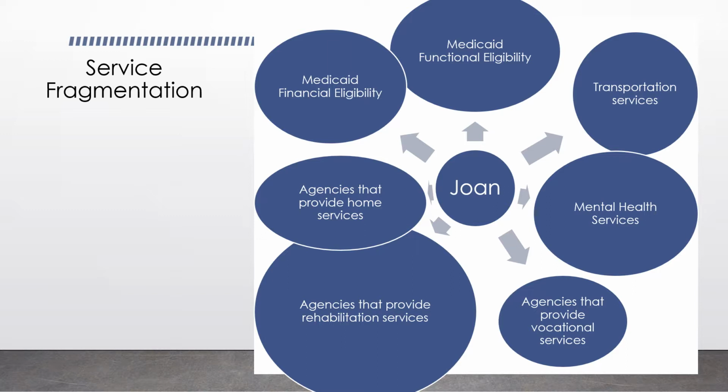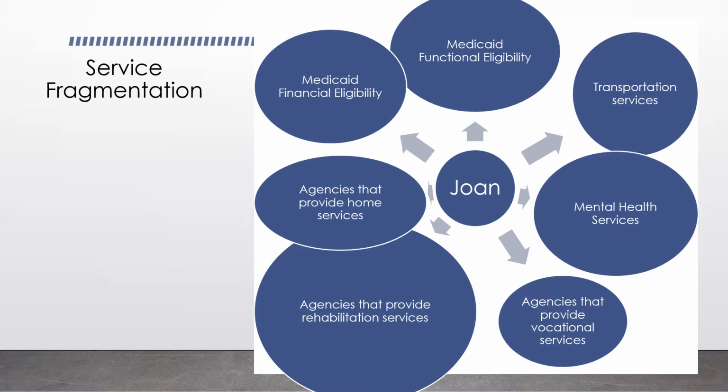And it's so easy with all of these different systems. And this is just a broad example. Within transportation services, there could be three different organizations that she has to negotiate with. For mental health services, there could be several organizations, plus the transportation to get there, plus the issues around insurance reimbursement, out-of-pocket costs, all of these different things.